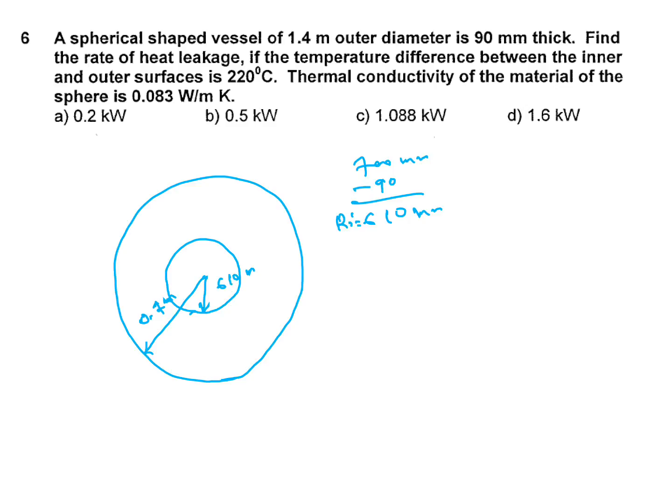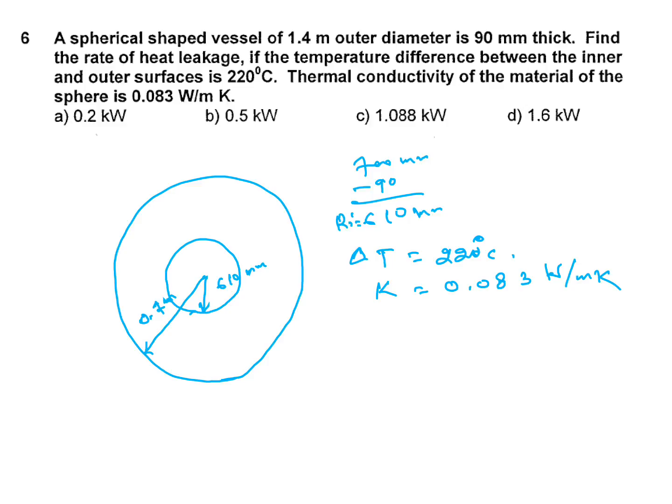R1 is 610 mm, and the temperature difference between the inner and outer surface is 220 degrees Celsius. Thermal conductivity K is 0.083 watt per meter Kelvin.